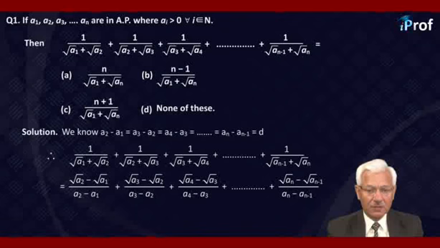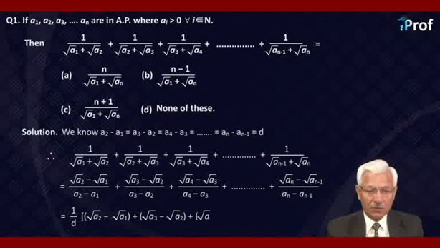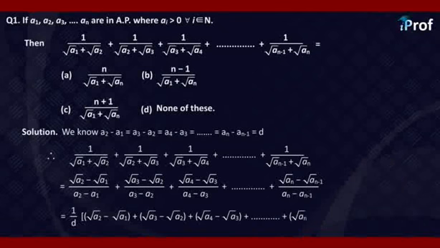Note that the denominators A2 minus A1, A3 minus A2, A4 minus A3, ..., An minus An minus 1 are all equal, and they are equal to d. Pulling out 1 by d common, we get 1 by d times square root of A2 minus square root of A1, that is the first term, then square root of A3 minus square root of A2, plus square root of A4 minus square root of A3, plus so on.